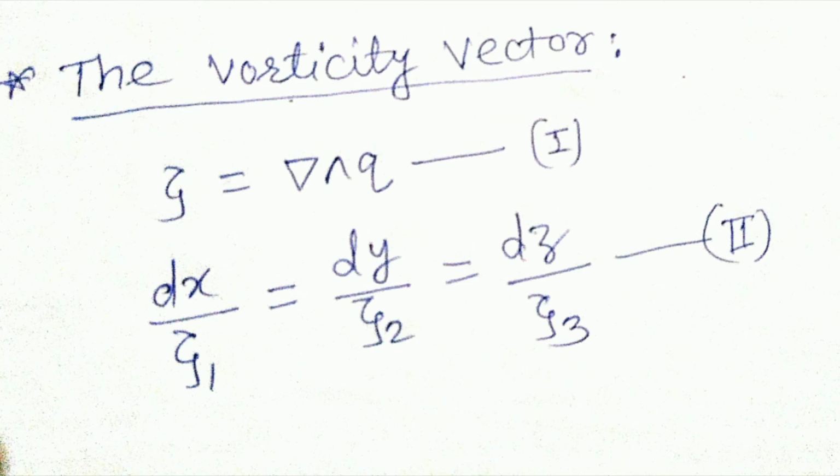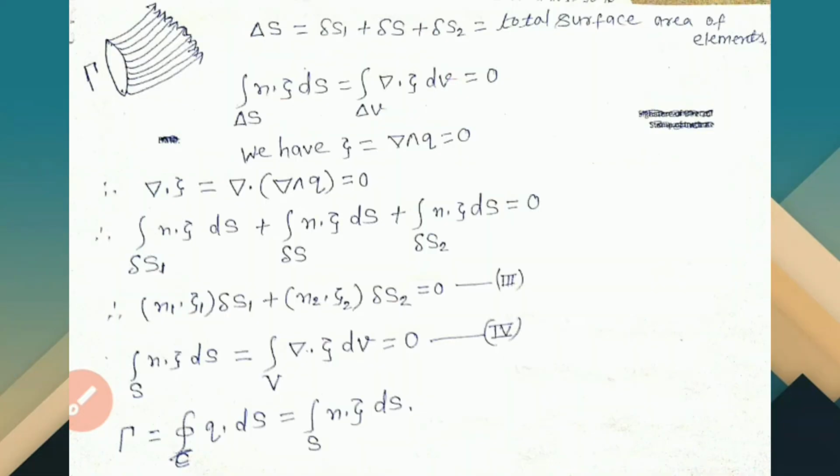Now draw the vortex lines through all points of a closed curve gamma. This is the closed curve gamma.